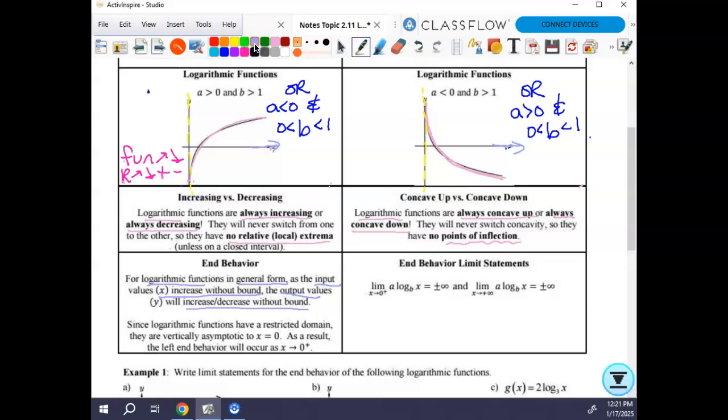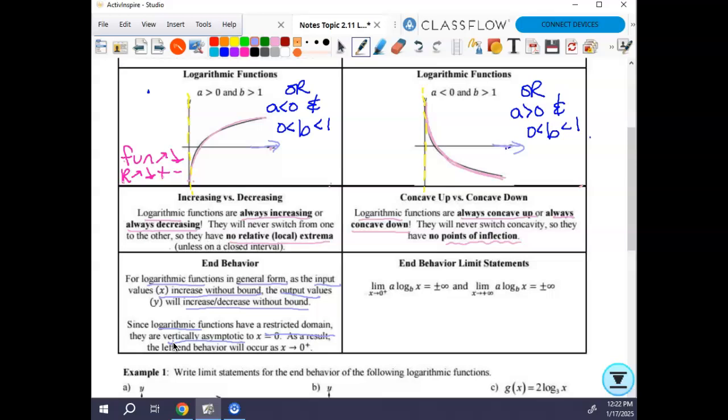So since logarithmic functions have a restricted domain, they are vertically asymptotic. Okay, if you didn't like multiplicatively and exponentiation, now we have asymptotic. All that means is it has an asymptote. It's just a different form of the word asymptote. That's all it is. So it means I have a vertical asymptote at x equals 0 before I move anything.